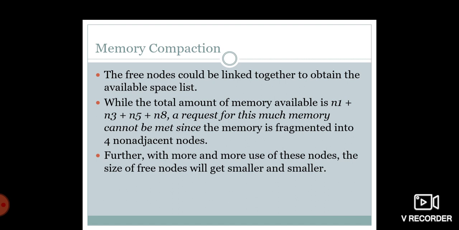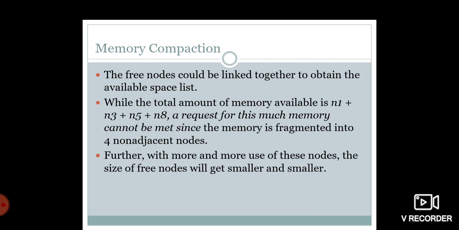Memory compaction, as I told earlier, is the second phase of garbage collection. The free nodes will be linked together to obtain the available space list, while the total amount of memory is available. For example, you have one free node, then in the next memory location a used node, again a free node, again used nodes; like that, the free nodes are in between.